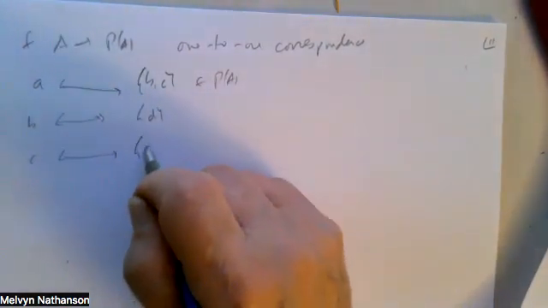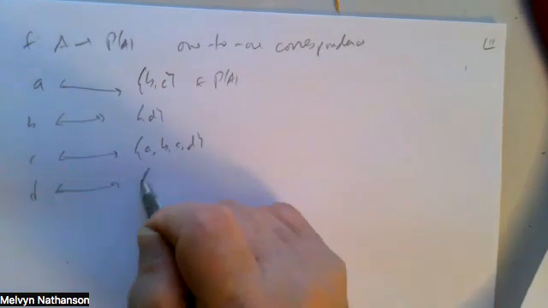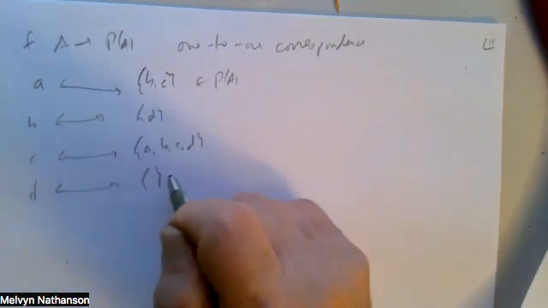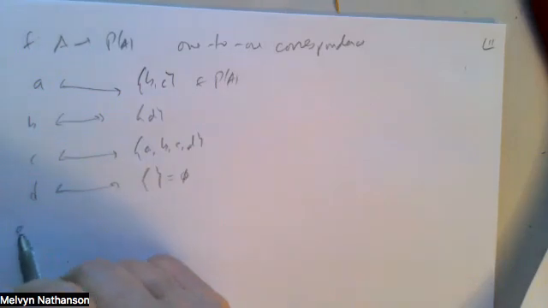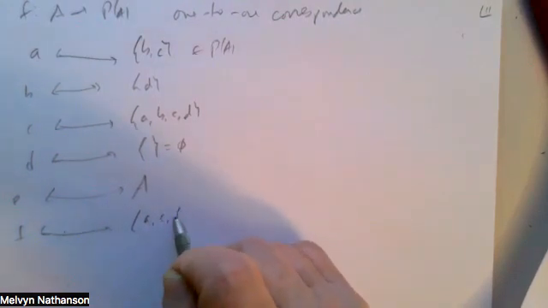This is just a make-it-up example so you get some idea of the logic. Suppose c corresponds to the set a, b, c, d. Suppose d corresponds to the empty set. Suppose e corresponds to the whole set A. Suppose f corresponds to some subset containing a, c, f, g, and so forth. Suppose g corresponds to the subset b, i, j.